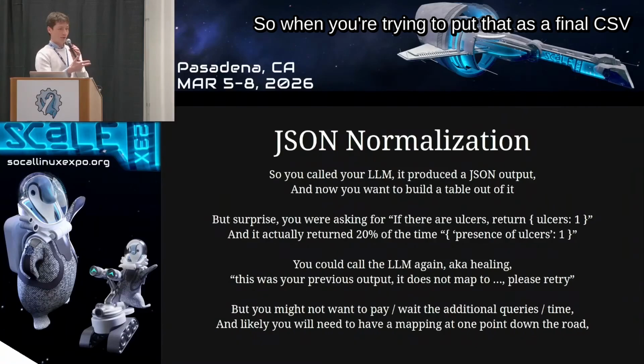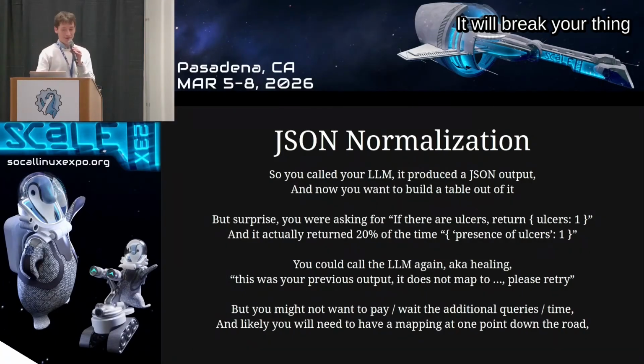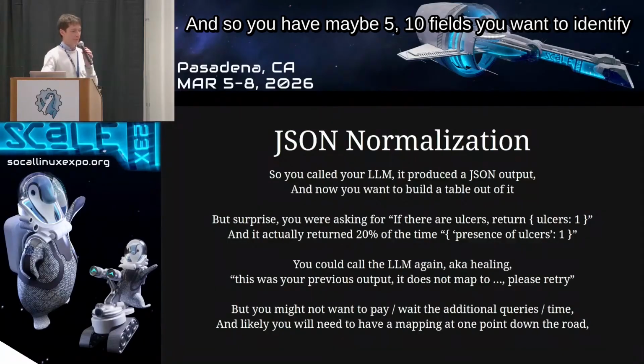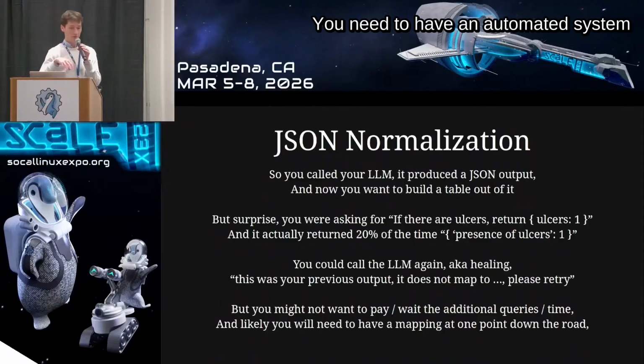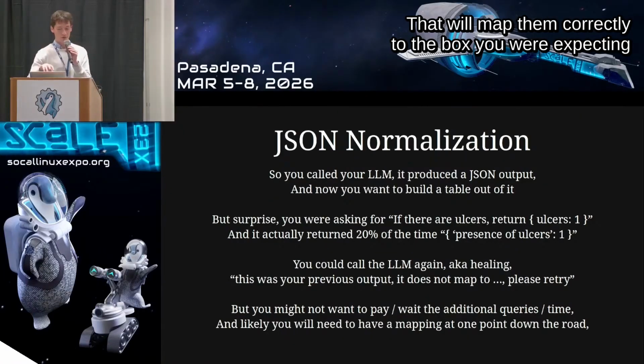So when you're trying to put that into a final CSV, it will break your thing. And so you have maybe 5, 10 fields you want to identify. So you have some randomness that you need to take into account. You need to have an automated system that will map them correctly to the box you were expecting.